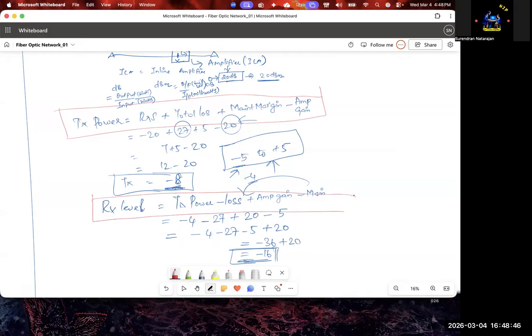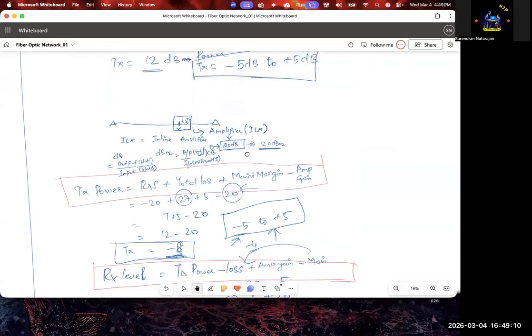Another important thing is where you will keep the amplifier. What is the ideal location? When the signal is becoming worst, there you want to put the amplifier. For that also there is a formula, but I don't want to introduce that formula now.